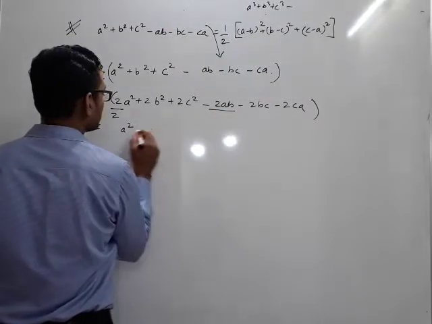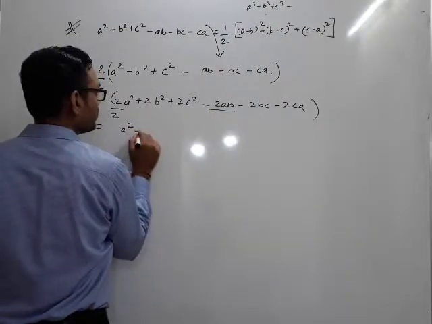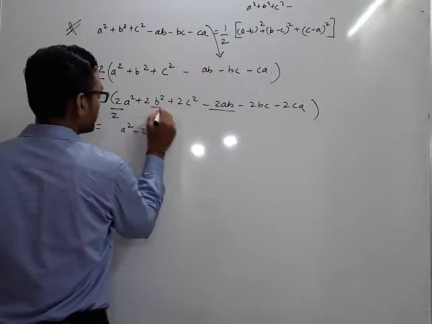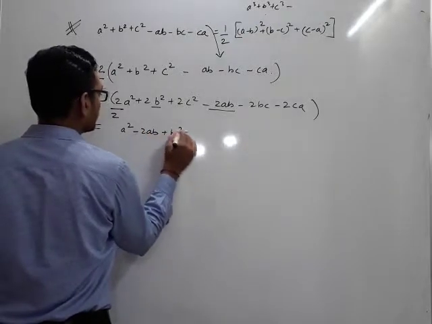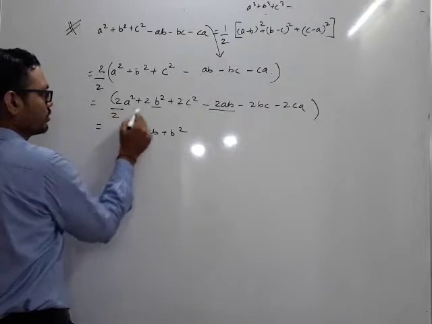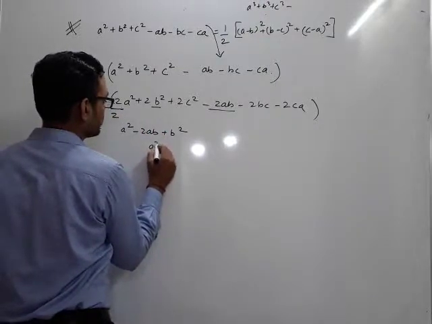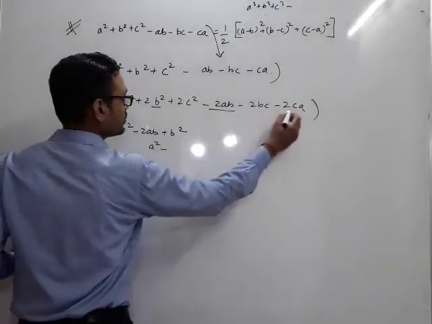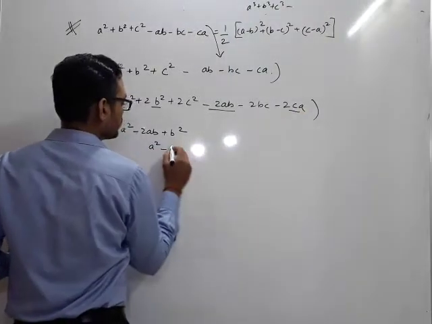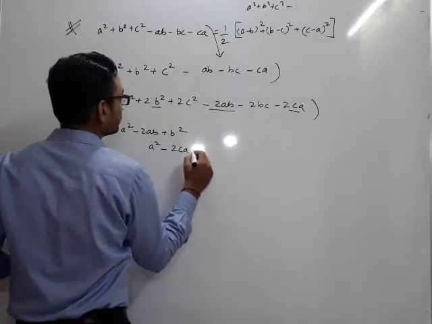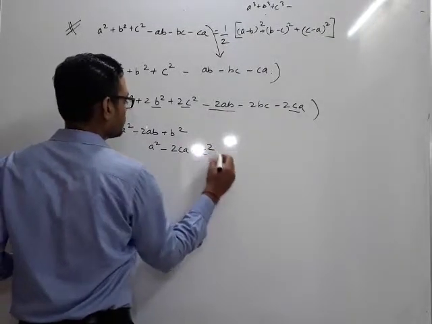Let's take a square minus 2ab plus b square. I have taken one a over here. Similarly, let me put the second a square minus 2ca plus one c square from here.